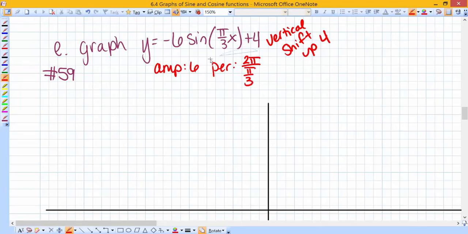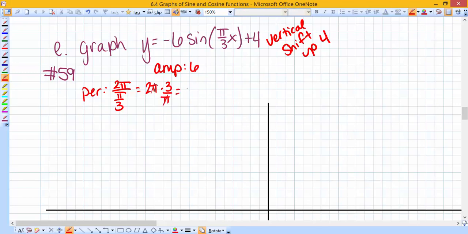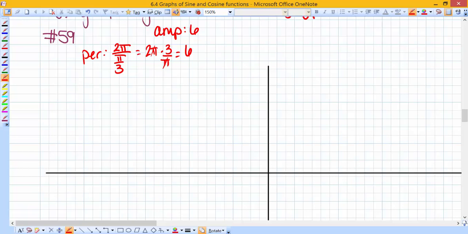Reciprocal. So this becomes 2 pi times 3 over pi. Pi's cancel, and I'm left with 6. So my amplitude is 6, my period is 6. That's actually nice. I don't have to deal with radians here.